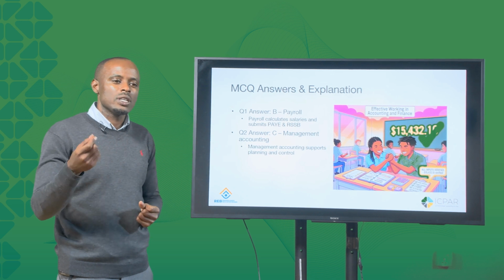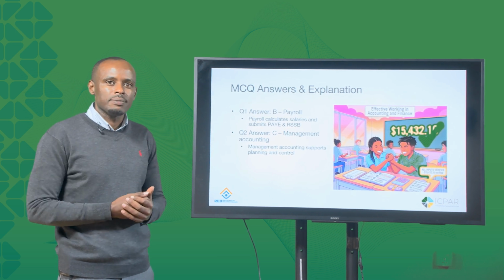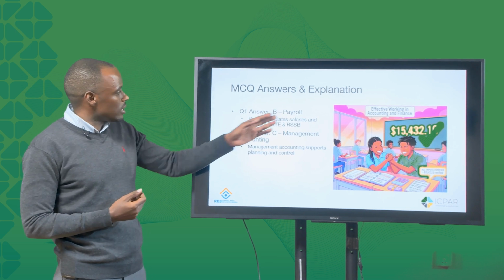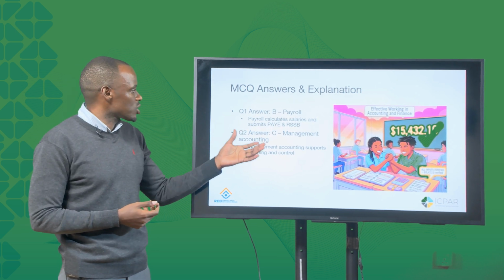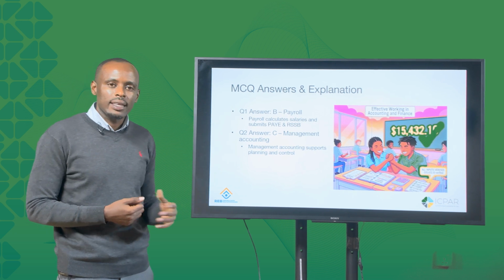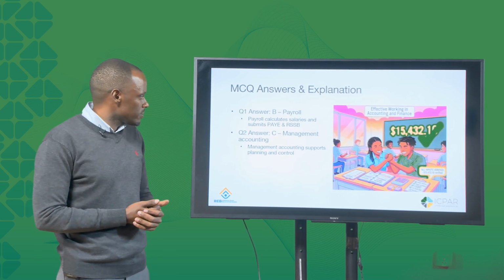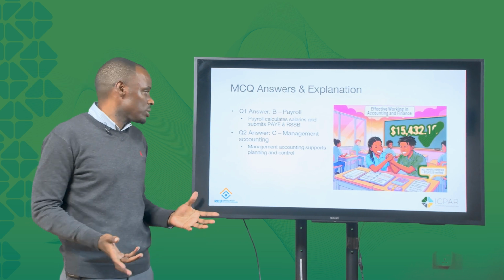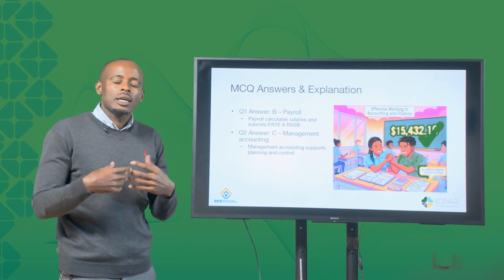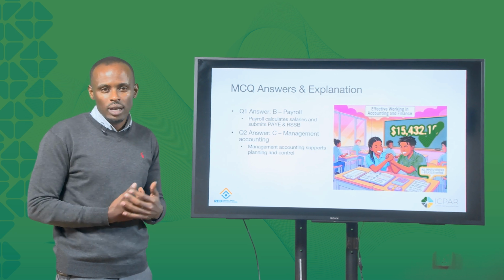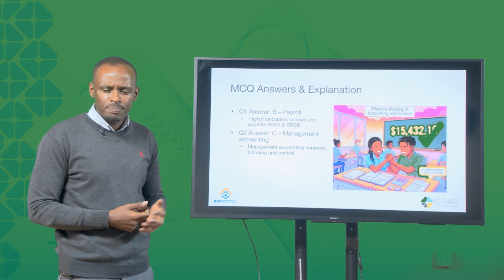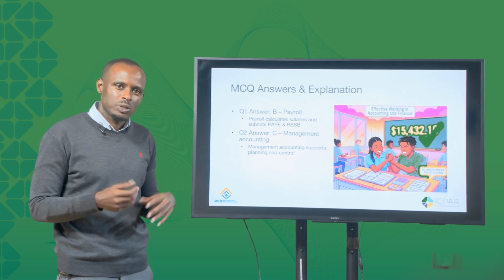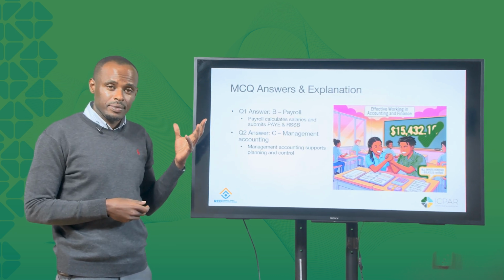We said that the payroll is responsible for calculating, submitting, declaring the salaries and deductions such as pay as you earn and other RSSB deductions. Question number 2, it was management accounting, because management accounting supports planning, control, budget preparation, and so on and so forth. These are only a few questions to help you start thinking about how to actually answer these questions.